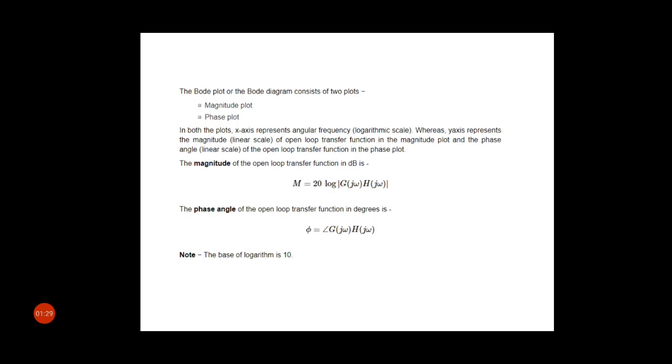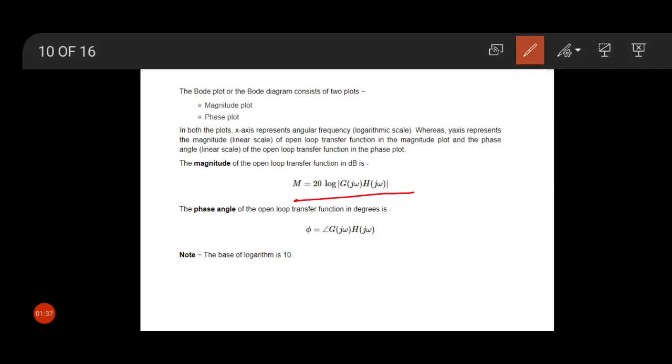So this is the magnitude, M equal to 20 log |G(jω)H(jω)| of the open loop transfer function. Finally, the magnitude, which is the y-axis of our magnitude plot, is equivalent to 20 log |G(jω)H(jω)|. This omega we need to consider as the x-axis.